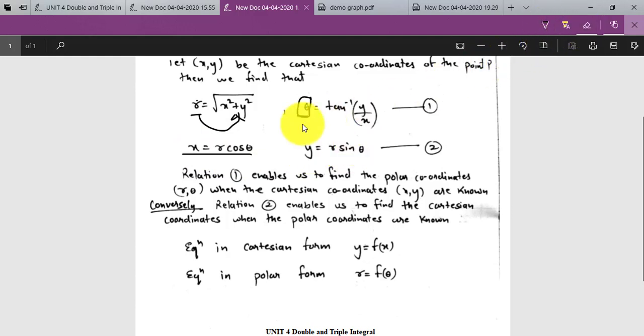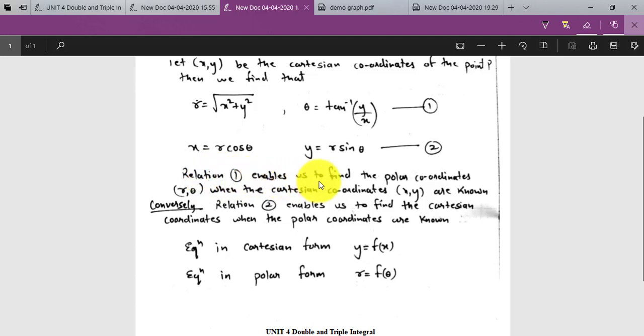This is all basics that I am telling you, so that no student is unaware of the concept: what a polar coordinate is, and how we change from polar to Cartesian and Cartesian to polar. This is just an explanation. If you already know this concept, you can skip the video to the problem domain.